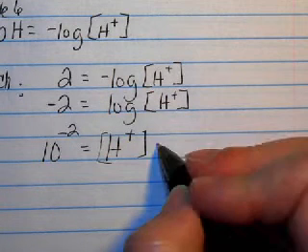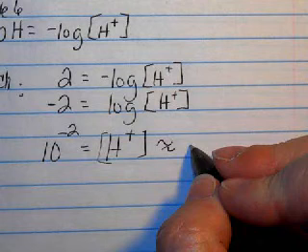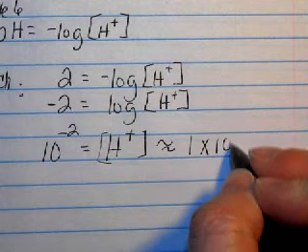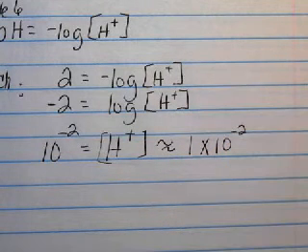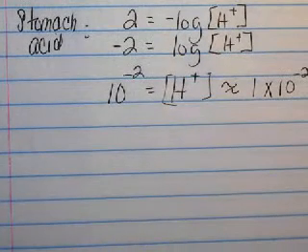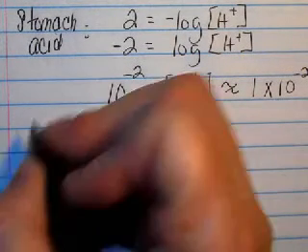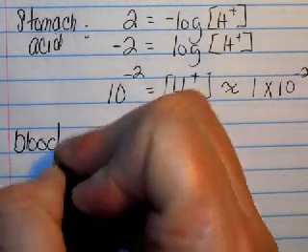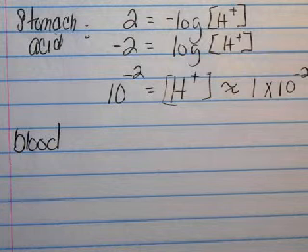Well, to write that, we're going to say 1 times 10 to the negative 2. So that's the acidity of stomach acid. Doesn't seem very acidic. So let's find blood. Really nice things to be finding here.